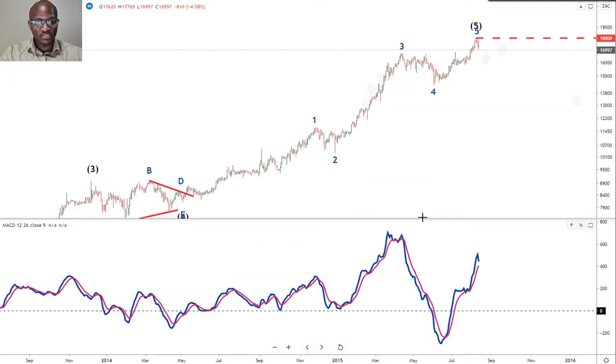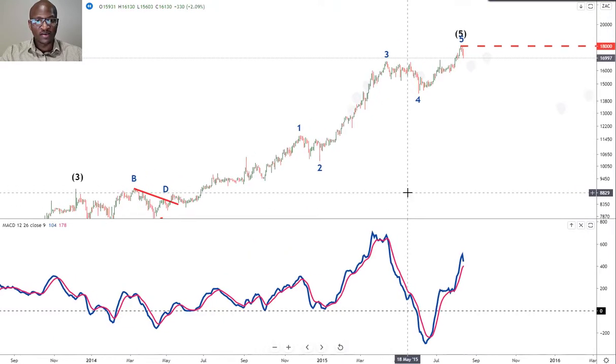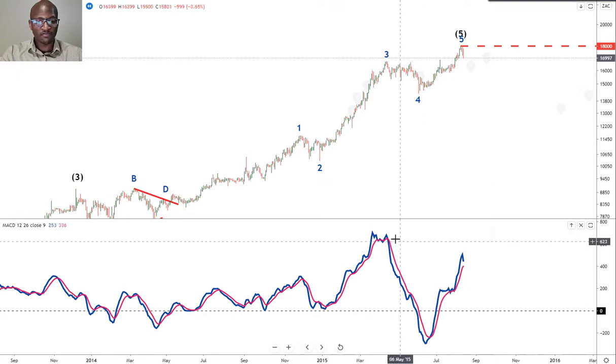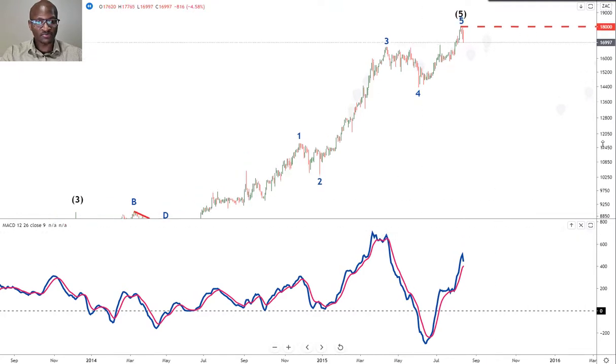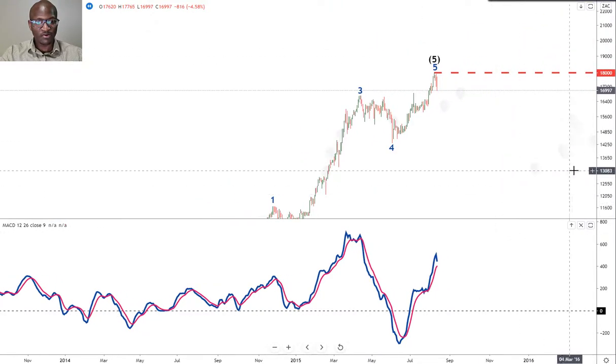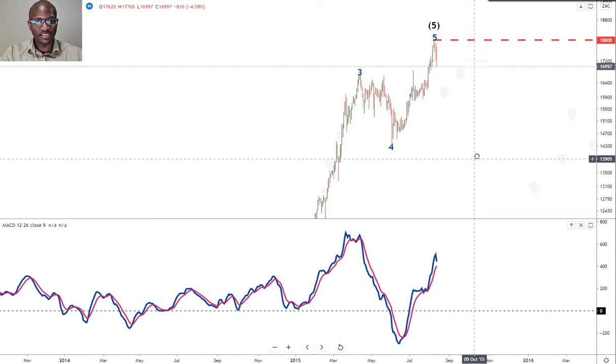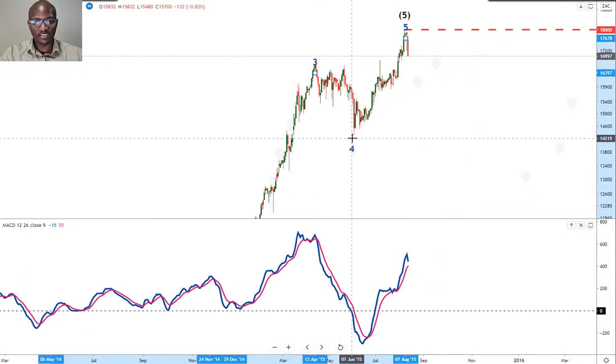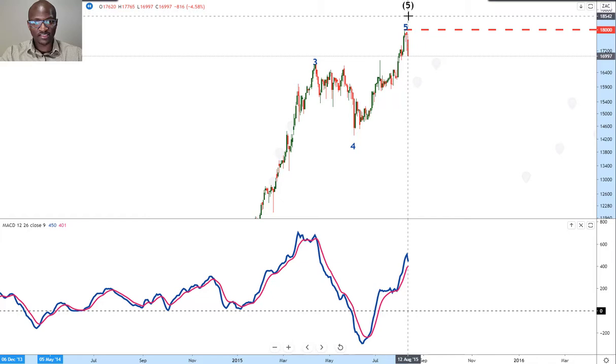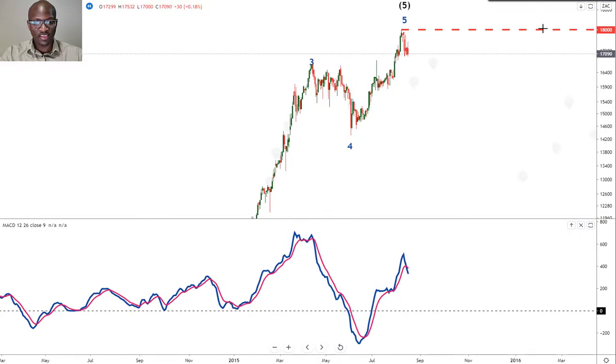And as we would expect between waves 3 and wave 5, we have divergence between price and the MACD indicator, which is a momentum indicator. And just to highlight that, once we get our sell signal, it will be there.